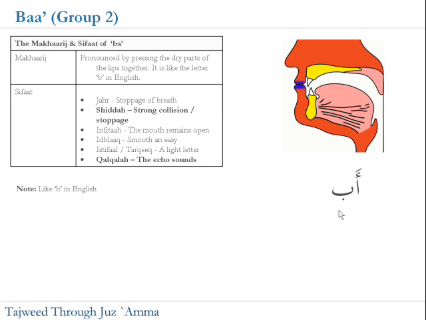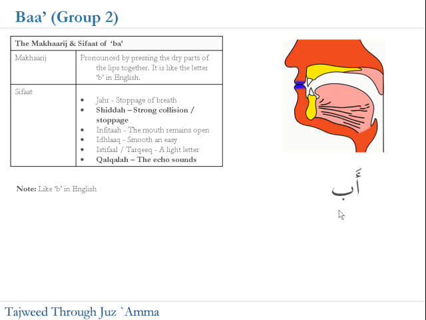The next is the ba. So here we have ab. Okay, and this is like the English letter B, and when you say ba, it's actually the dry parts of the lips that come together. Now, in terms of its characteristics, it's got a strong collision or a strong stoppage.